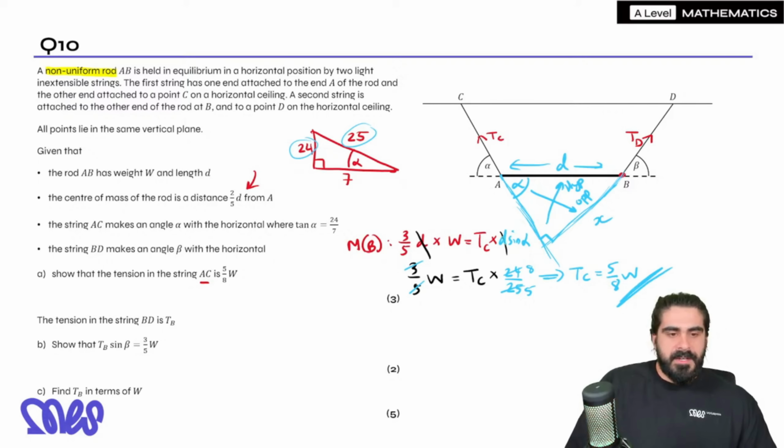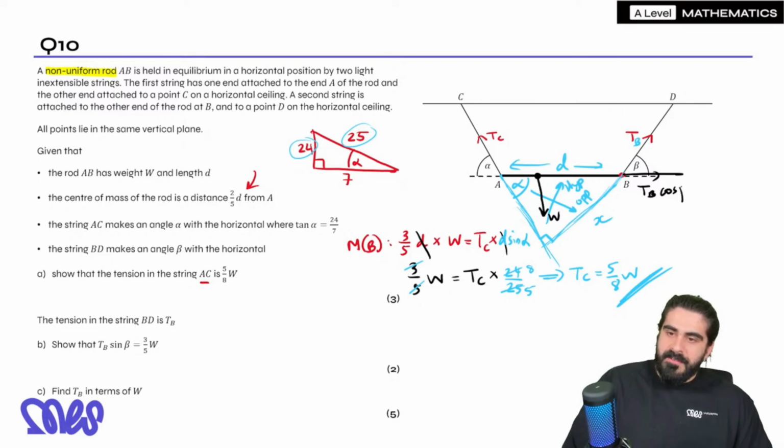Nice. Part B. Show that TB sine beta is 2/5 W, if the tension in the string... Oh, I've decided to call it TB instead of TD. Let's resolve them. So we have TB cos beta. Actually, no, maybe it is the up and down because that's what sine is.